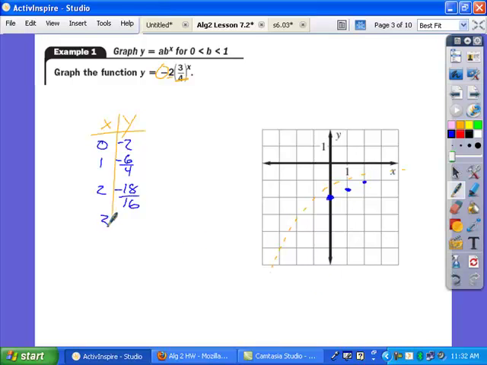Cubed: 3/4 to the third power is 27/64, but now times negative 2 is negative 54/64. And so we see this graph does something like that.